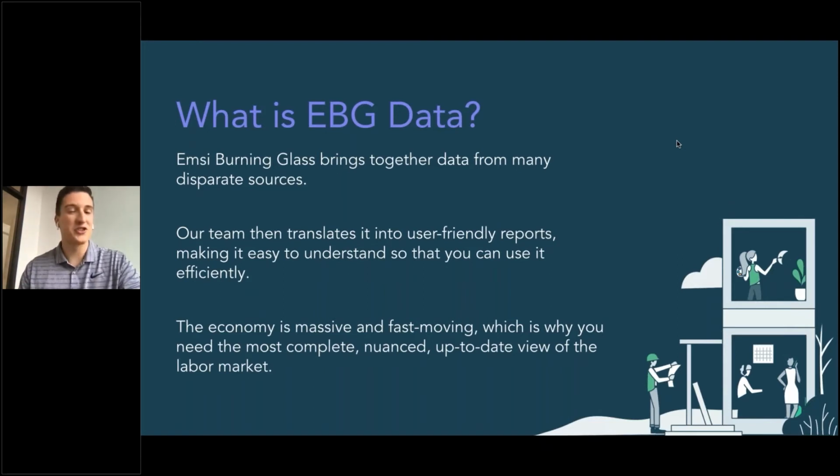This is extra important today. It's always been important, but in this post-COVID era, where the market is ever-changing and fast-moving, there's an extra need for near real-time data to assist your talent acquisition, HR, and site selection strategies. So we're grabbing the most real-time data that we can, compiling it, and providing it in such a way that you can make decisions based on it.